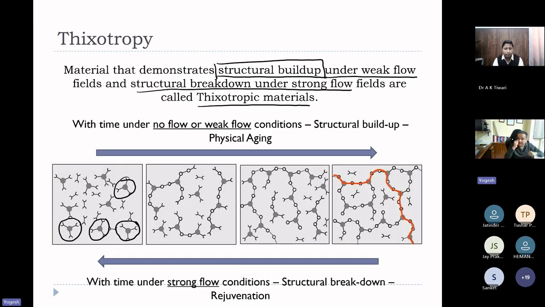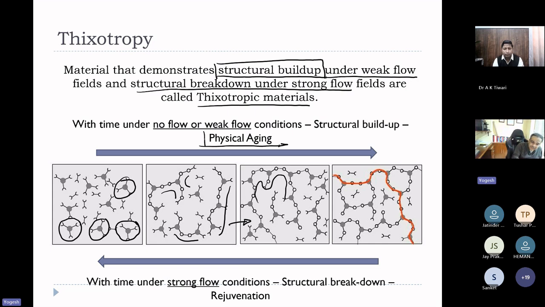And when that happens, then only they can connect with each other. So you can see that a small connection has occurred. And with time, this connection becomes broader and eventually it spans the space. It forms a completely percolated network. All right. And this network keeps on building.